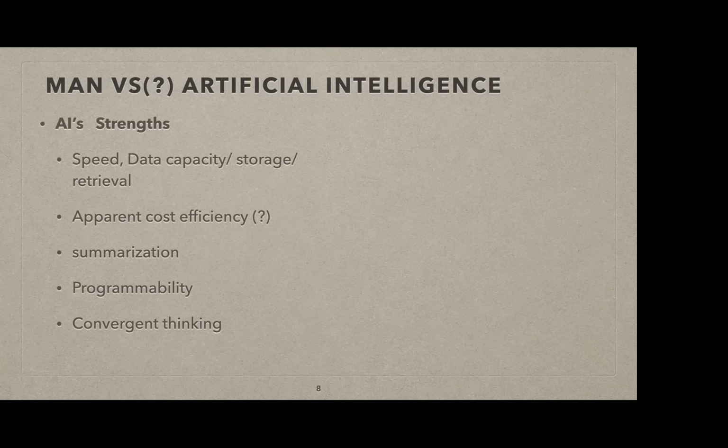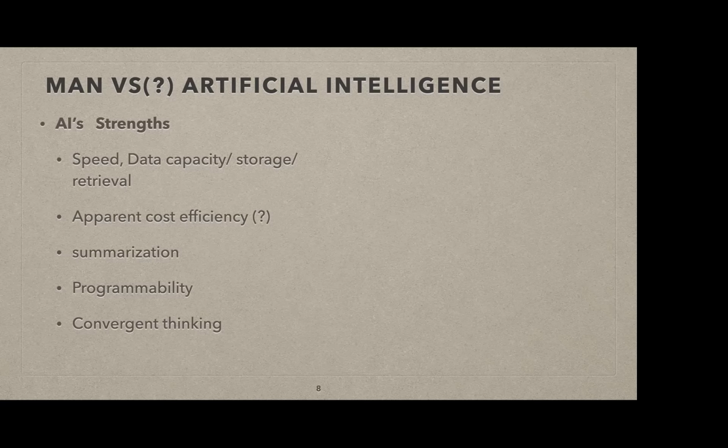If we're looking at man versus artificial intelligence, AI clearly has some strengths: speed, data capacity, how much it can store and retrieve and process within a given period of time. Apparently, it's more cost efficient, but that's something we might talk about a little bit more.